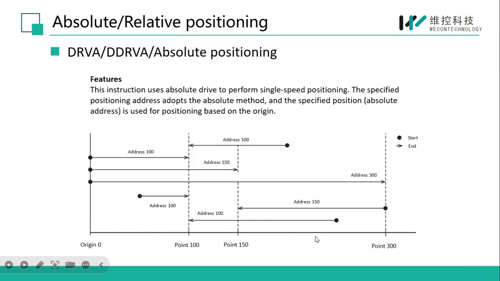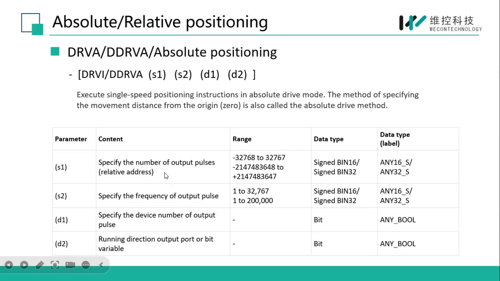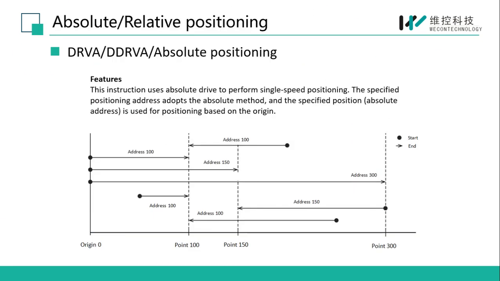As you can see, if we want to move from some point to point 10, we just adjust the value of the first parameter to 100. So if we set it to just 100, it will move from different positions to the same ending position.